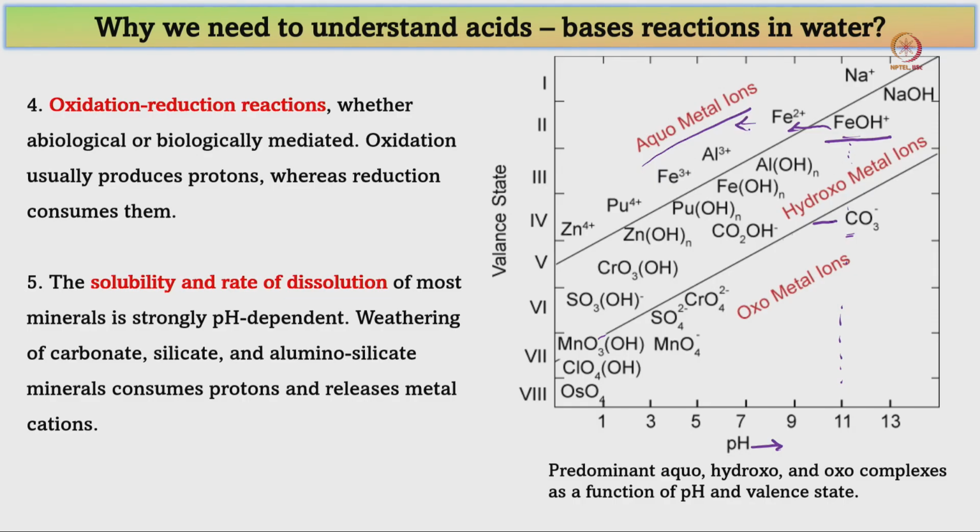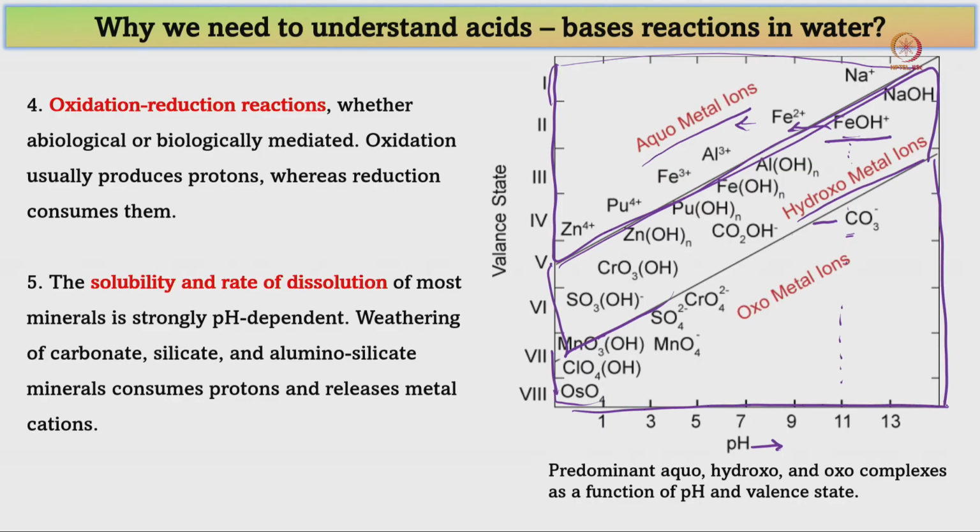In this entire area, the aqua metal ion stability is there. In this particular area, the hydroxymetal ions are more stable, while in this particular area, the oxometal ions are more stable.